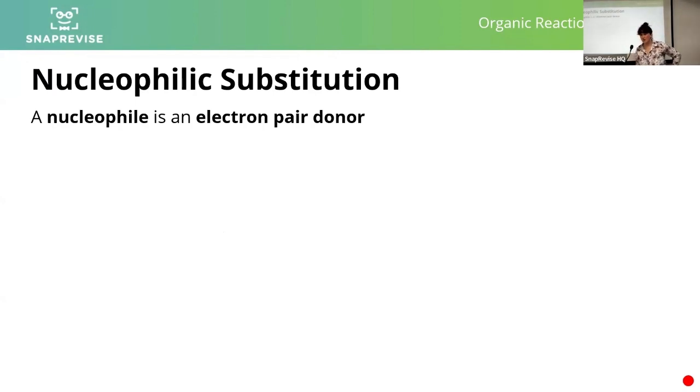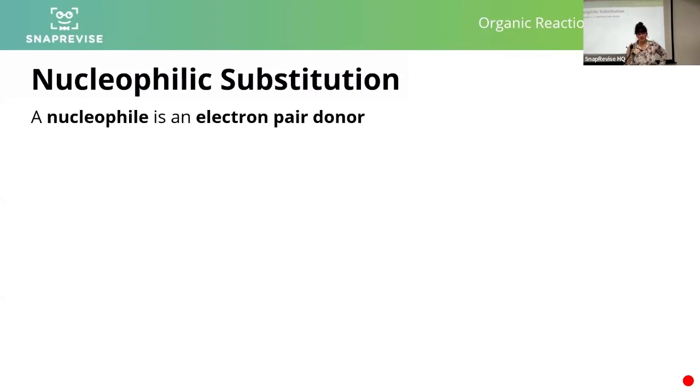You can work out what a nucleophile is if you aren't confident on the definition, because nucleo, the nucleus of an atom, is positively charged. Phile means likes. So a nucleophile is a species that likes positive charge, is attracted to a positive charge. So a nucleophile is going to be attracted to an area of positive charge and willing to donate a pair of electrons to that positive charge.